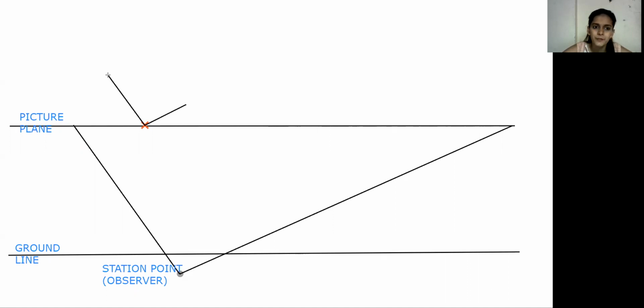So here, draw a 5 centimeter line and complete the rectangle first. Once the rectangle is completed, you can easily divide it into 3 equal parts.